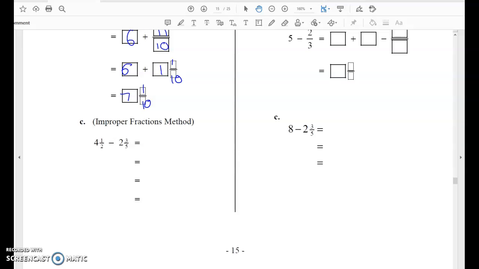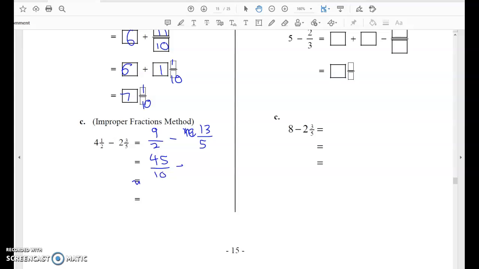4.5 minus 2 3/5. So the improper fractions method means we're going to change them to improper fractions. So 4.5 is the same thing as 9/2. 2 3/5 is the same thing as 13/5. We need to now make the denominators the same. So times the first fraction by 5 on the top and bottom gives us 45/10.